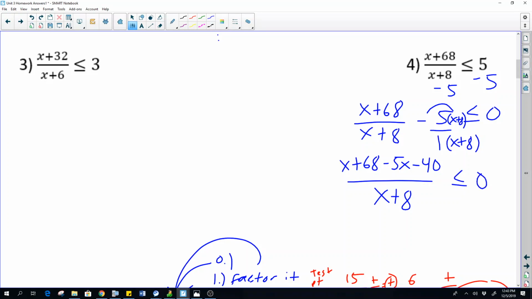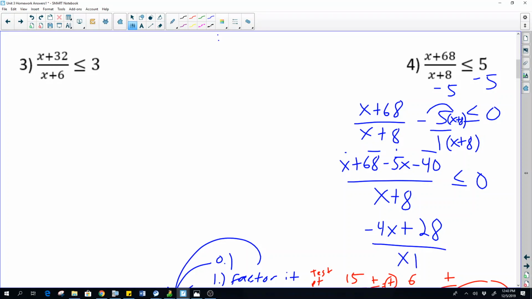So combining like terms, 68 minus 40 is 28, and x with a -5x is -4x. So we get -4x plus 28, all over x plus 8.